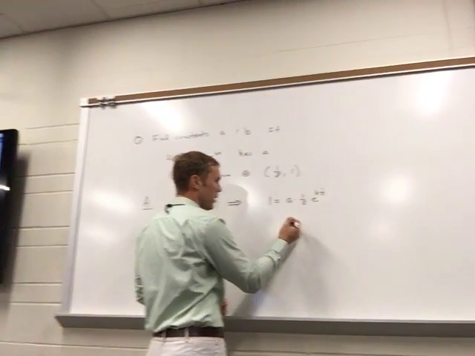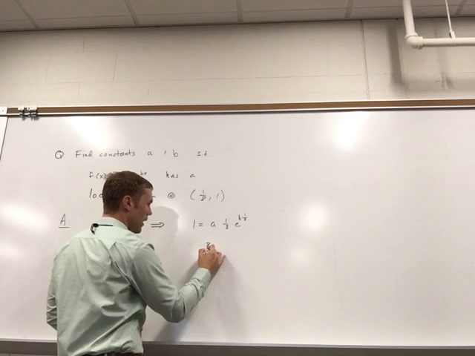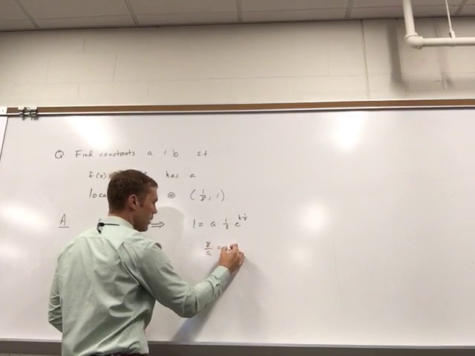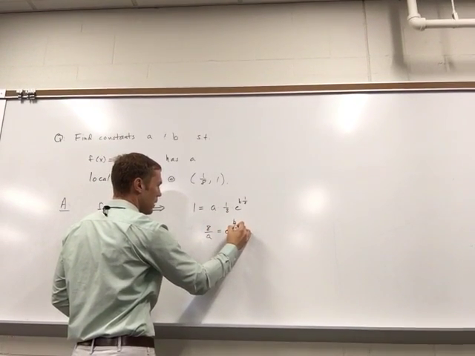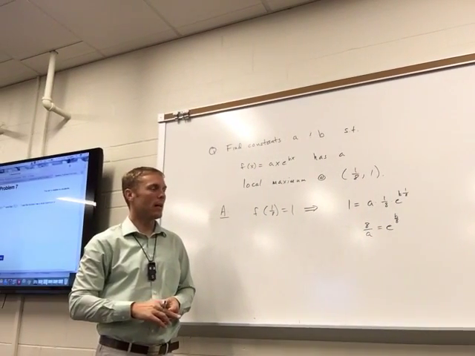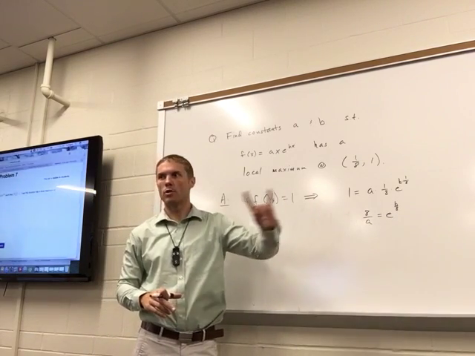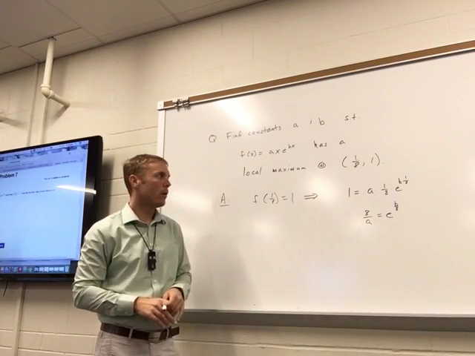Cleaning this up a little bit, you can rewrite this as 8 over a equals e to the b over 8. But we're kind of stuck there for the time being, we have one equation but two unknown variables.